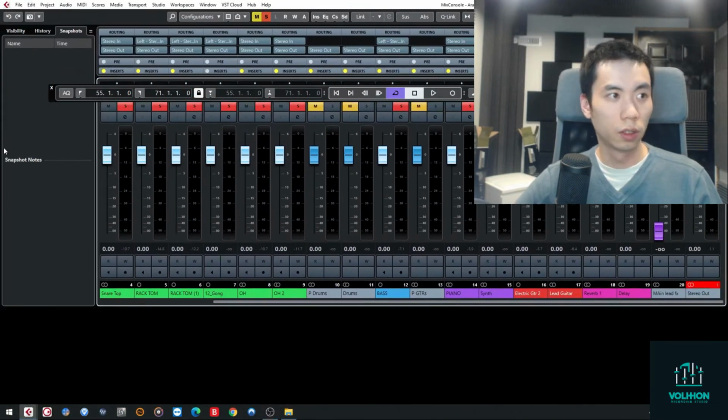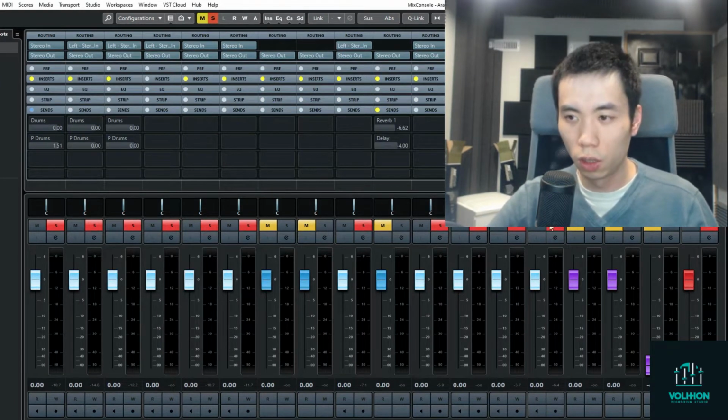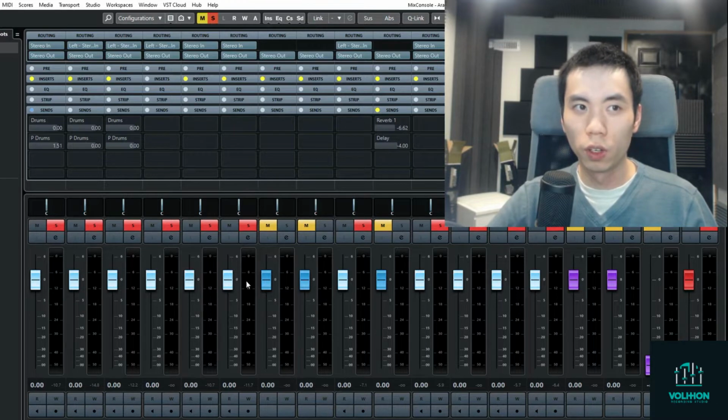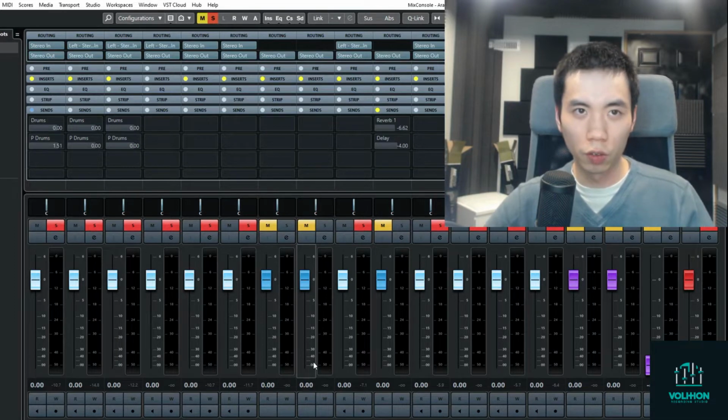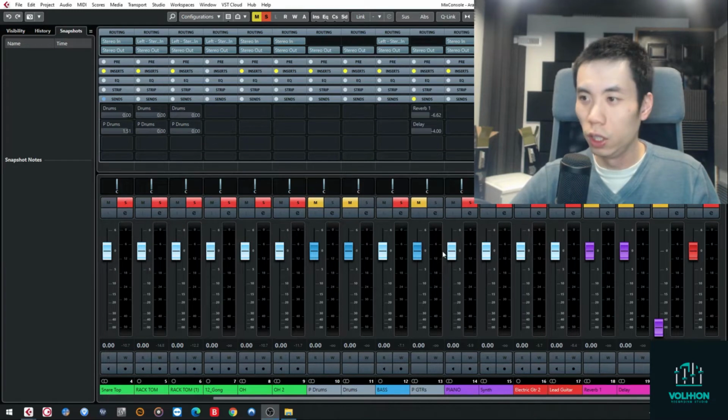All right. Once we have our tracks all loaded in, we want to make sure all of our volume faders are at 0, and start to gauge how the volumes are one by one, making sure to go over each track.